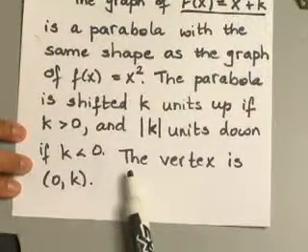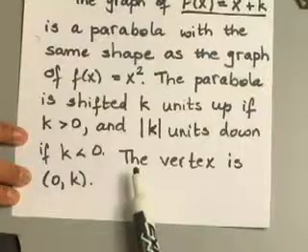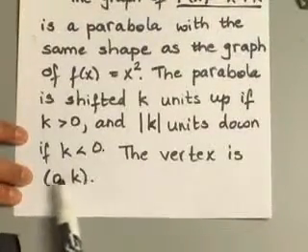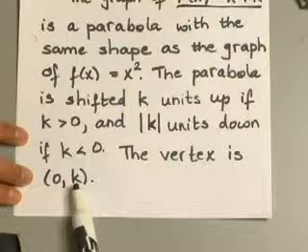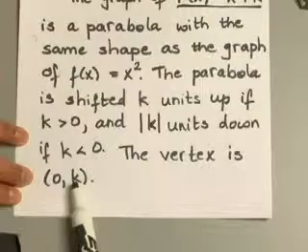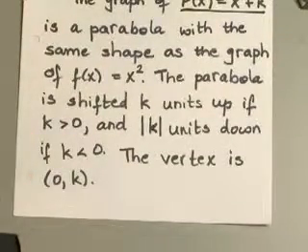And of course, since your graph will be moving up or down, your vertex is going to change. It's not going to stay at 0, 0. And your new vertex would be 0, k. So by however many units you move up or down, the y coordinate in that vertex will be changing also.